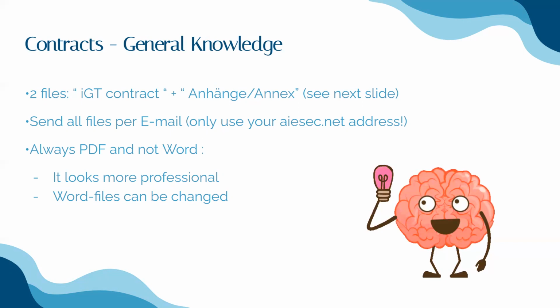For now, what to keep in mind is that no matter what you send to the company and no matter what the conversation is, you should always use your isec.net email address. What is also very important is that the contracts and the annexes you send are always up to date. You can always follow up with your team leader or with me, the MCVP Legal.